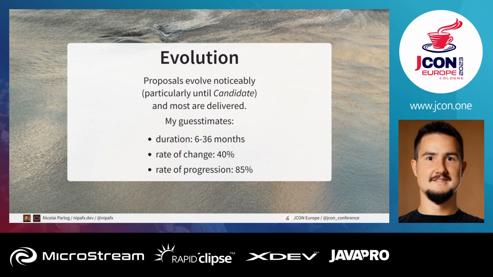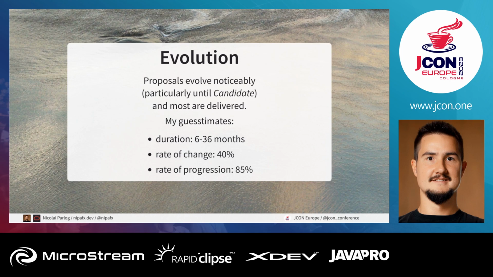So the proposals evolve noticeably, particularly until the candidate phase. So in this very early draft stage, a lot of changes are happening. But most of them are eventually delivered. And if you look over the JEPs and see how long they lived, some of them happen really fast, some of them take forever, but most of them can be boxed into this half a year to 3 year time box.